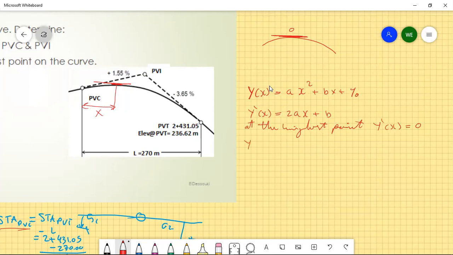That means 2a x max plus b equals 0. That means x maximum equals minus b divided by 2a.